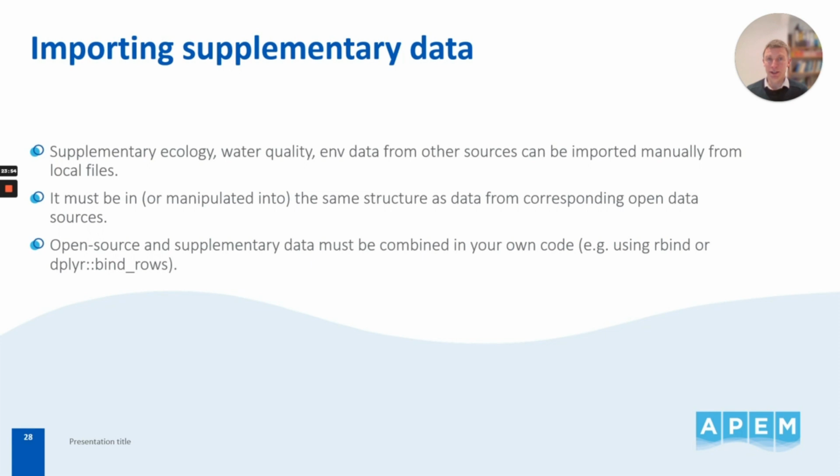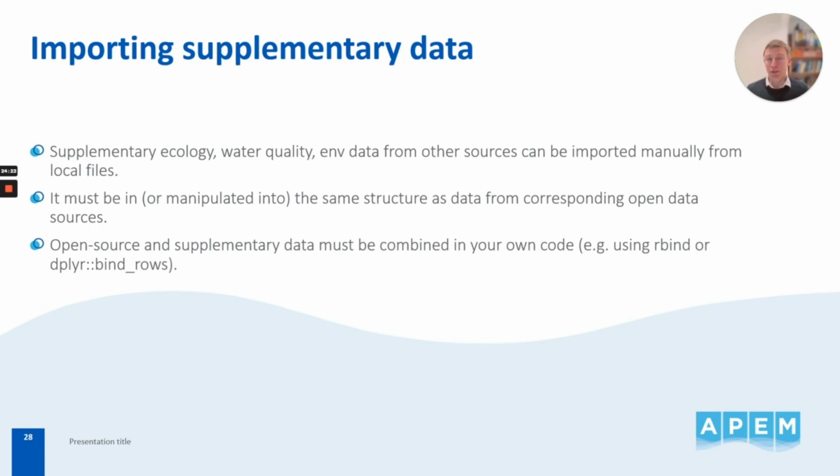The key, I think, is to try and either structure that data or manipulate it to match the structure of the data that you've imported from these other standardized databases. And if you can achieve that, then it's a relatively straightforward process to combine the open source data with that supplementary data using, for example, the rbind or bind rows functions within R.